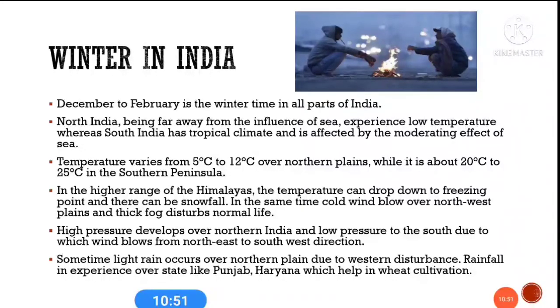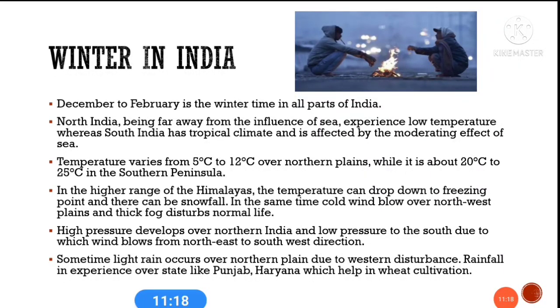As I already told you in the previous slide, the northern part of India, north of the Tropic of Cancer, will experience low temperature during the winter season and high temperature during the summer season because it is far away from the influence of the sea, whereas the southern part of India has a moderate climate due to the effect of the sea.